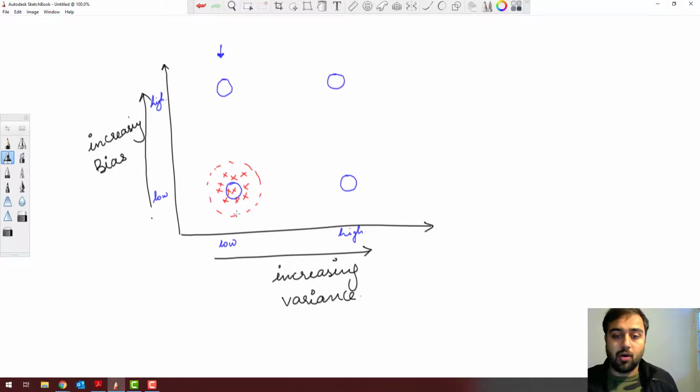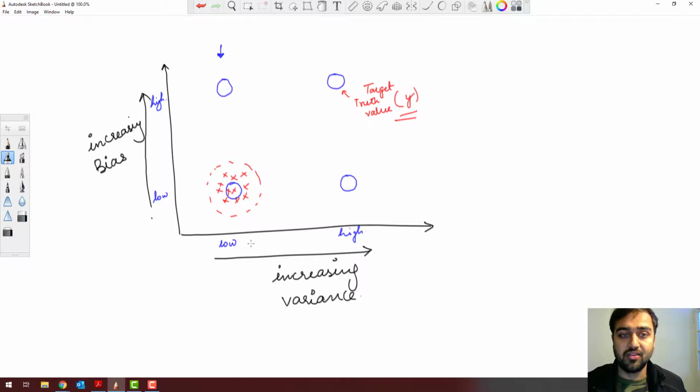Now, if I'm saying I have a model having low variance and high bias, right? Low variance would mean they're grouped together, but high bias would mean that they are very far apart from the actual truth value, right? These are the truth values, the values that we want, the target values, the y's.